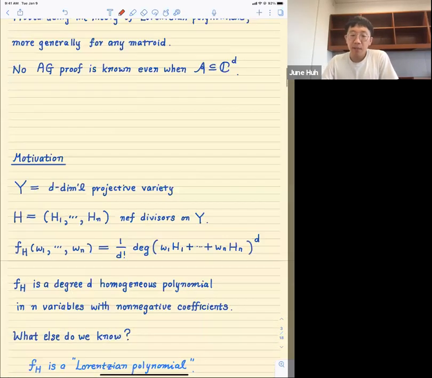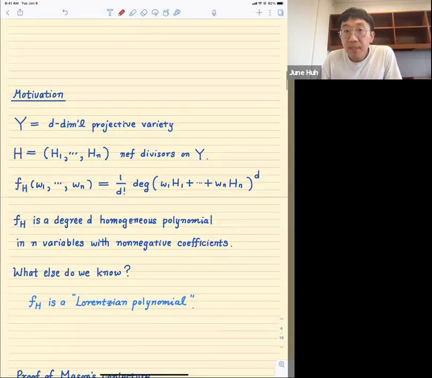So let me show you the motivation. And I hope this all makes sense and feels comfortable to all of you. The motivation goes like this. Think of your favorite D-dimensional projective variety and pick some nef divisor on it. But maybe you pick N divisors.